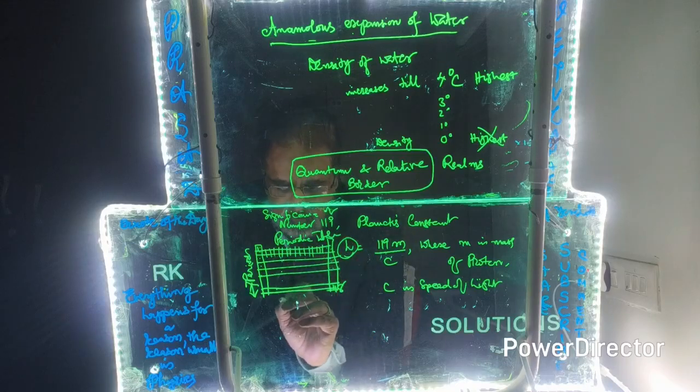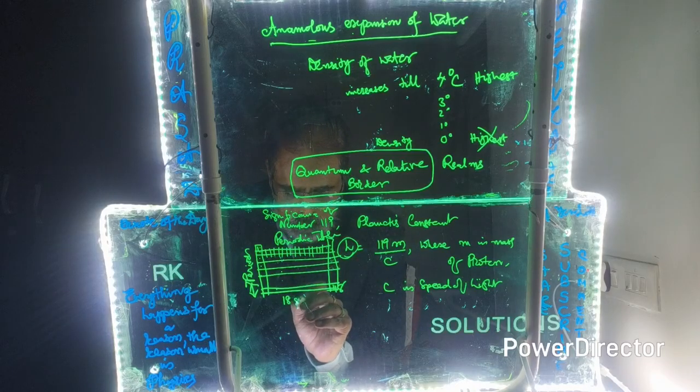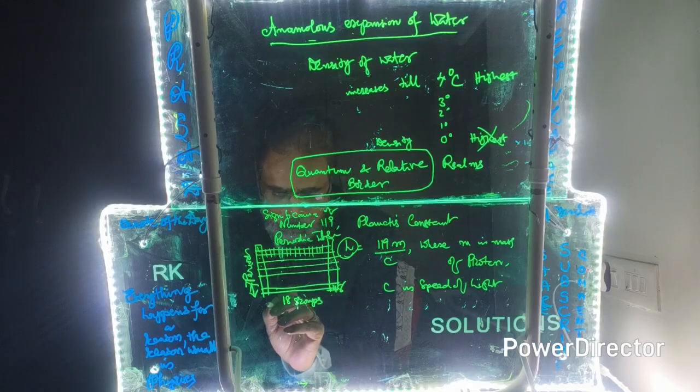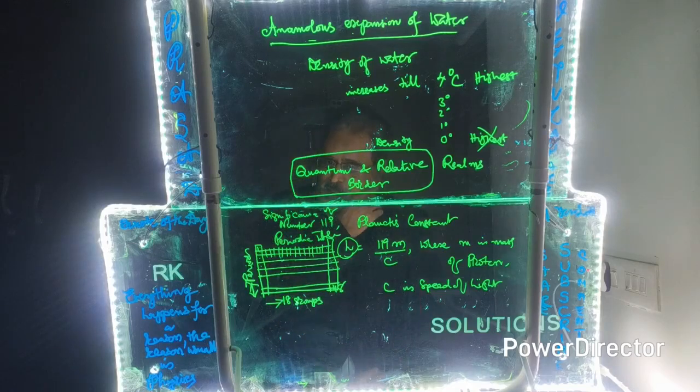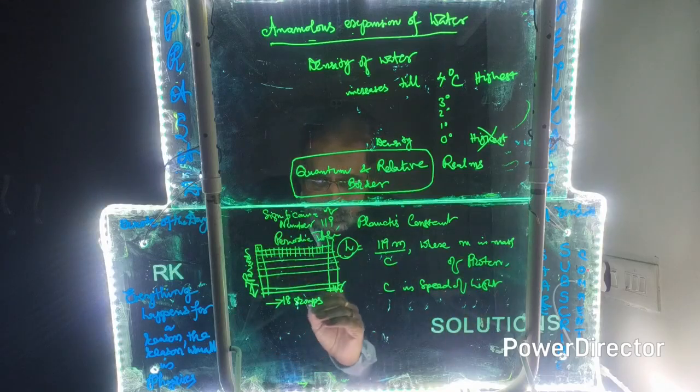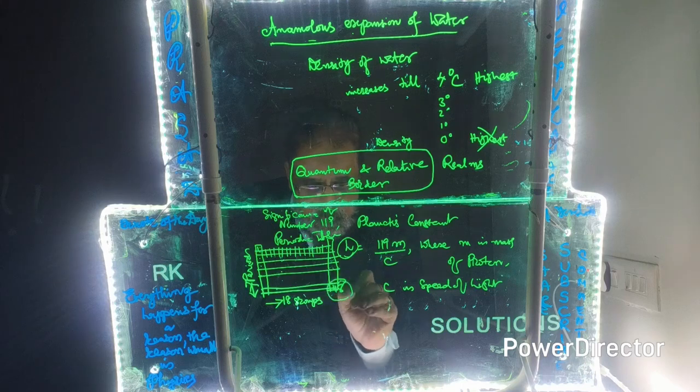These are 18 groups. Periods go down, groups go from left to right. So at 118, the present table ends.